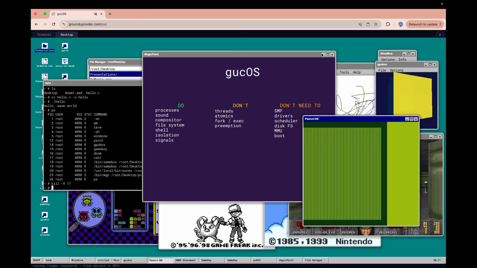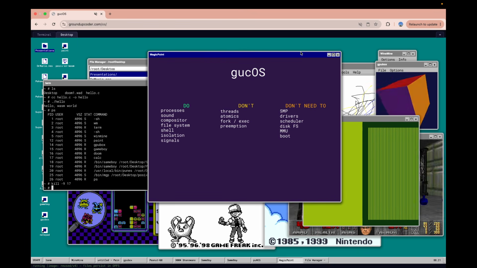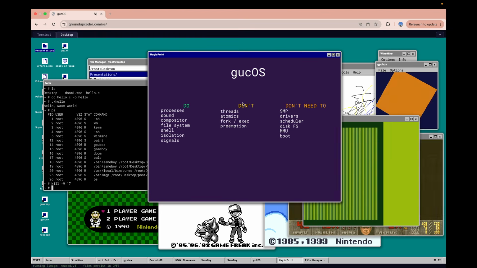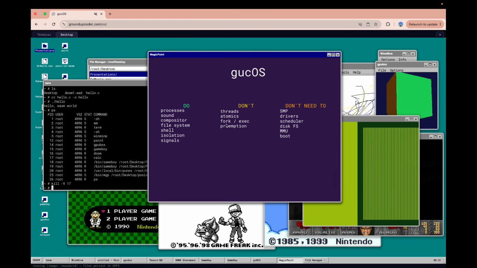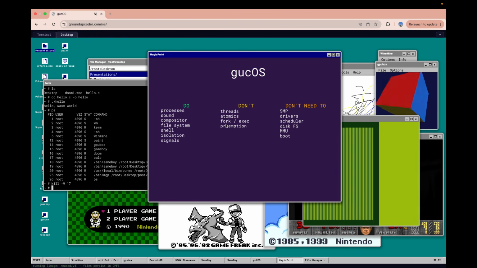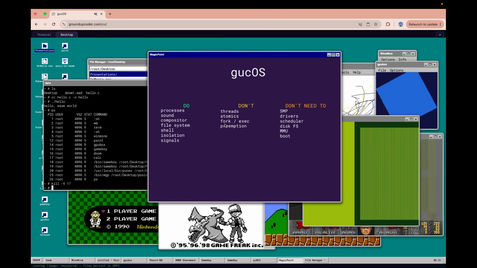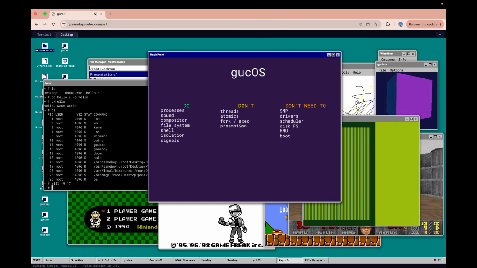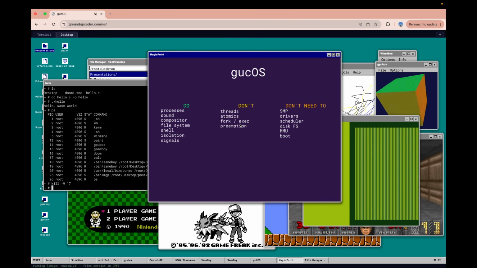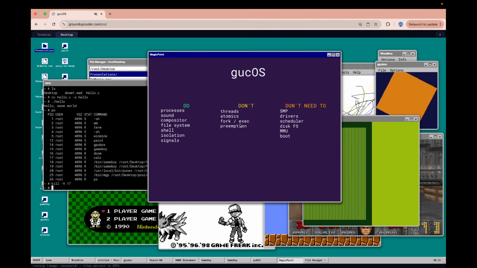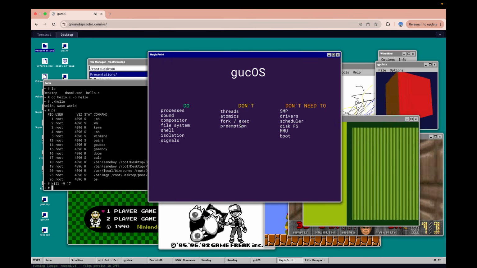I don't know if I've done the best job of explaining that, but basically fork means you're cloning your current program, so that two processes are running. And exec means that the executable attached to your current process has been substituted.